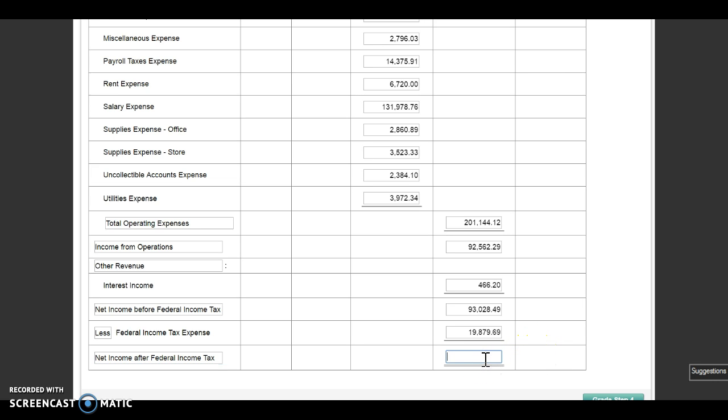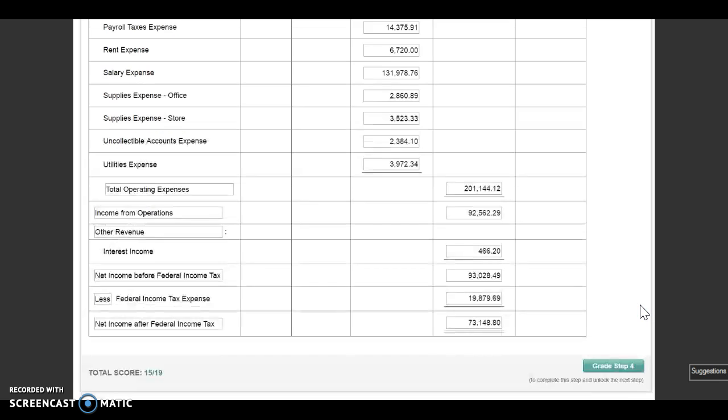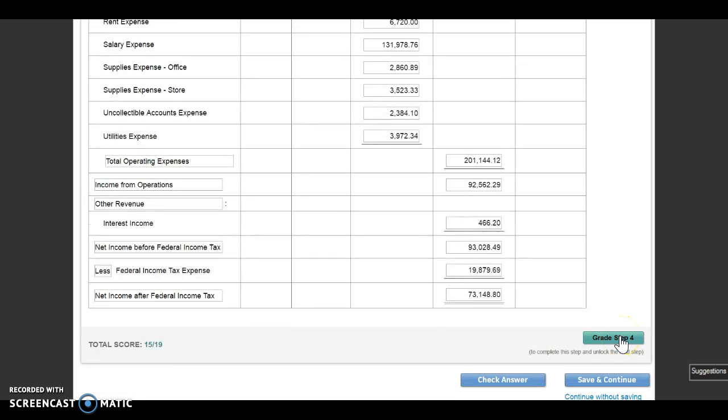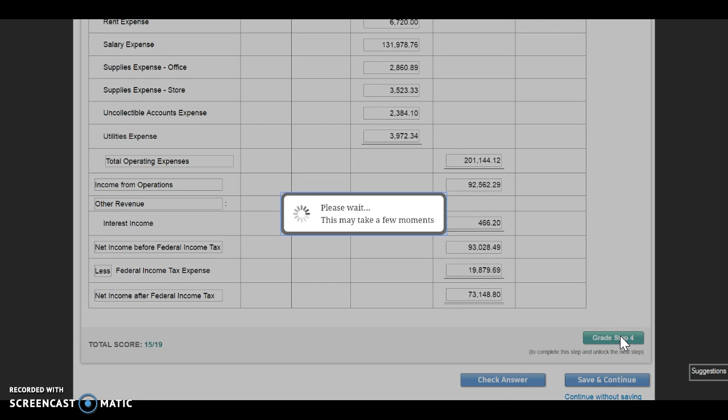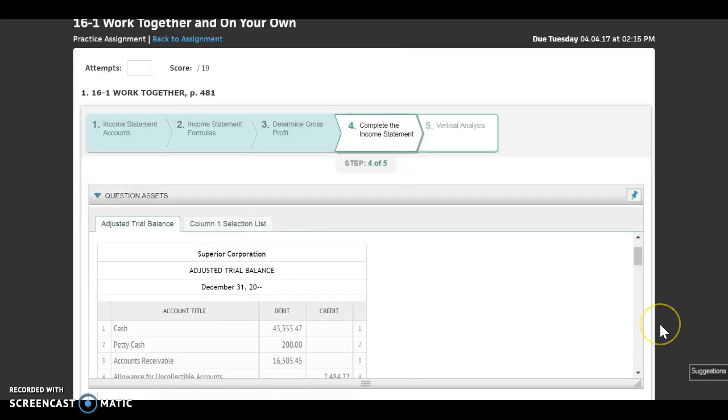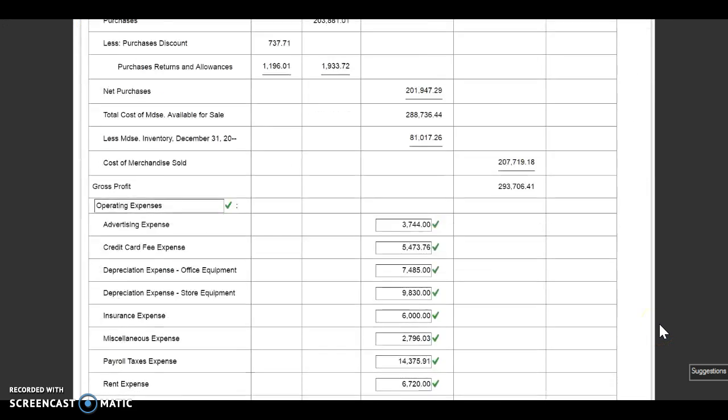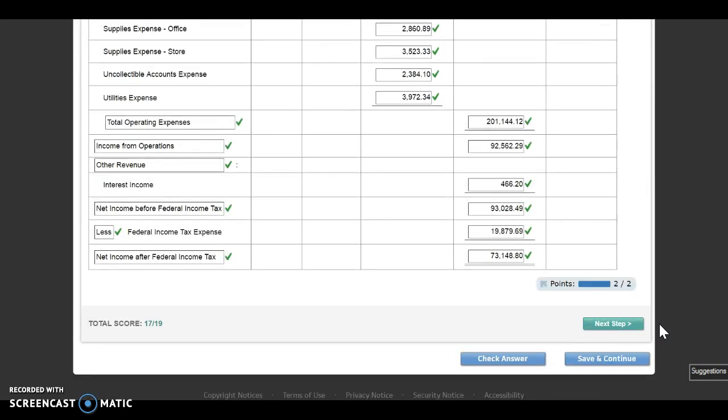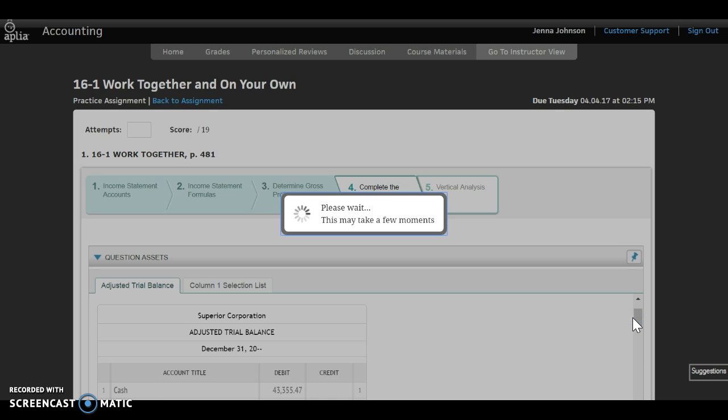So we'll subtract those two. And we should get 73,148.8. Grade step 4. Looks good. Next step.